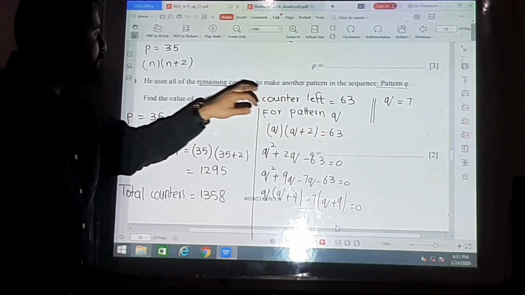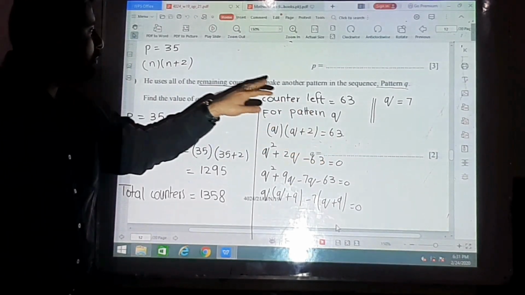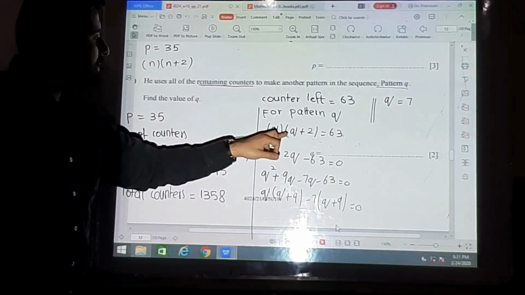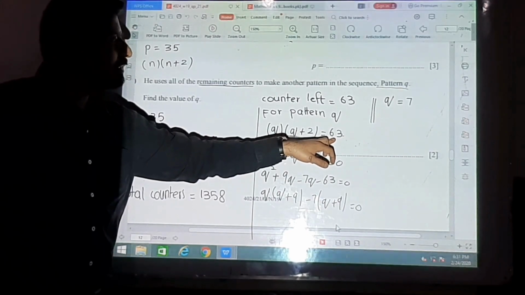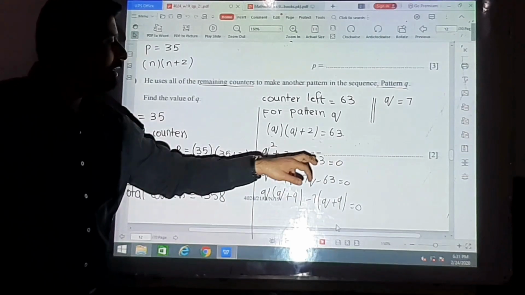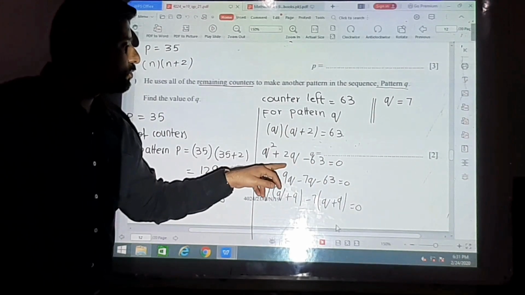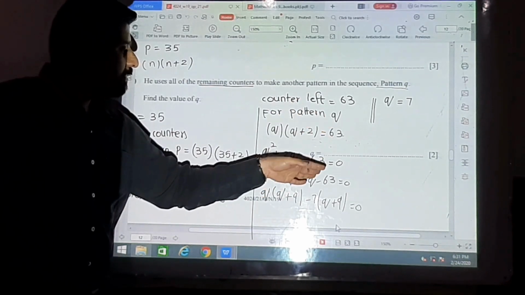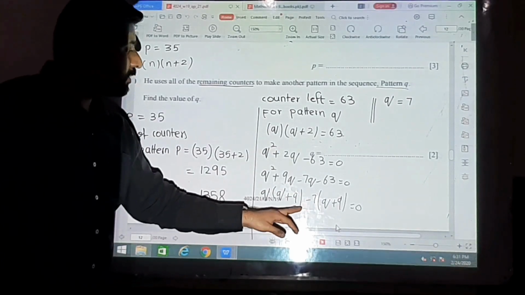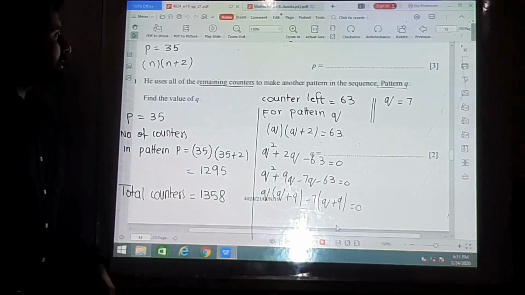Putting Q in place of n, you will get the total number of counters in pattern Q, which are equal to the counters left, that is 63. Now you can convert it into a quadratic equation: Q into Q squared, Q into 2 is 2Q, and 63 comes over here, so it will be minus 63. Now you can do mid-term break and you will get two values. Ignore the negative value, the positive value for Q will be 7. So the answer for Q is 7.